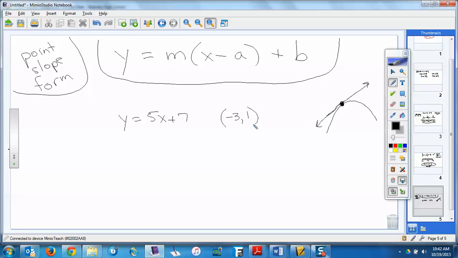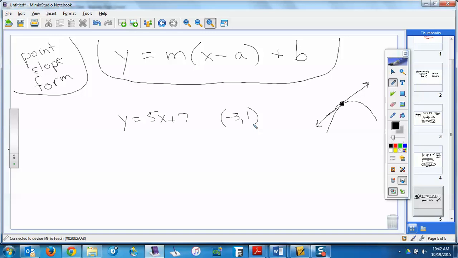So here's a classic example of what we're talking about. They want us to write the equation of a line. What do we need? We need the slope and we need a point. They gave us a point that's on that line. We need the slope of that line. Sometimes, the easiest ones, back to Algebra 1, they just tell you the slope, but that's usually not going to be the case. Somehow we have to find the slope, and there'll be a variety of ways we'll find it. Here's one example: it's perpendicular to this.